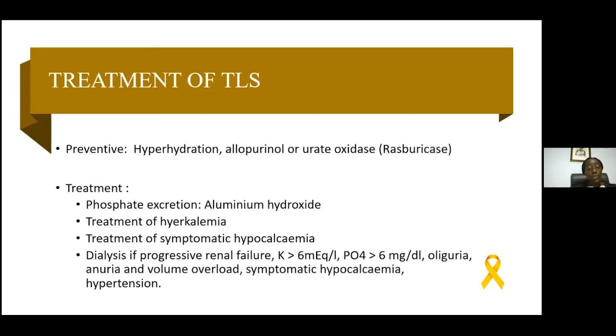In certain cases, when you have hyperkalemia, hyperphosphatemia with reduced urine production or anuria, that is, you have an AKI, so you are not excreting any of these substances, there's an indication for dialysis, where you take these substances out of the blood. So when you have progressive renal failure with hyperkalemia, hyperphosphatemia, anuria, that's an indication for dialysis.